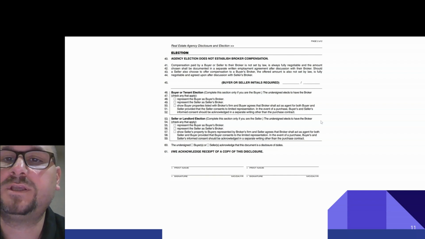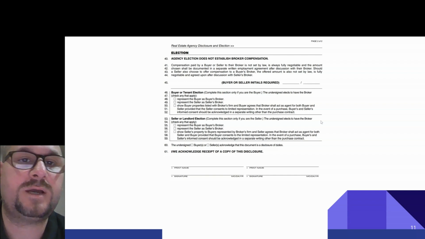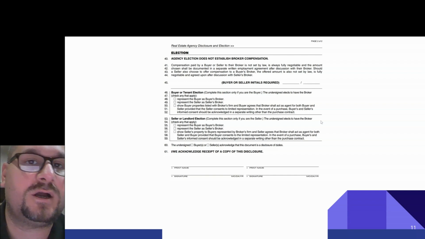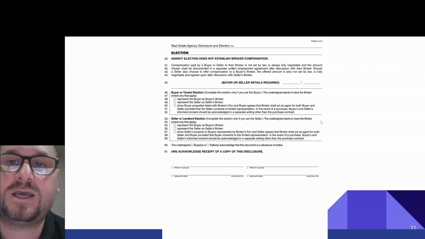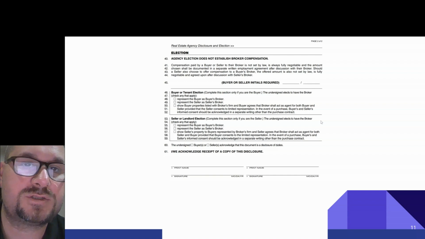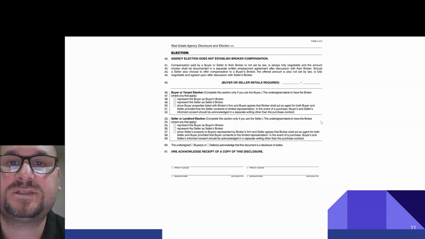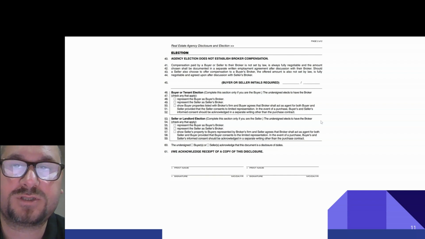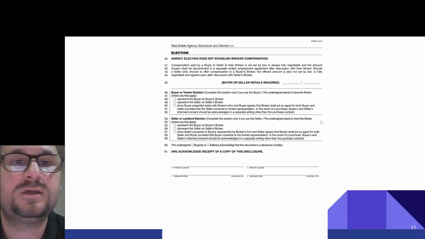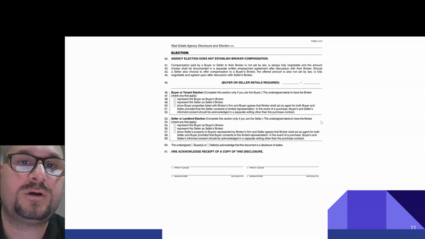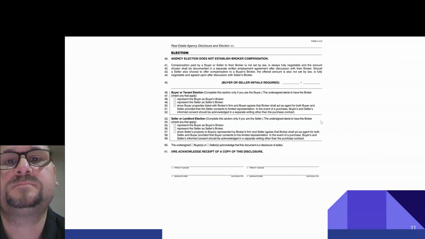It is always fully negotiable, and the amount chosen shall be documented in a separate written employment agreement after discussion with their broker. Should a seller also choose to offer compensation to a buyer's broker, the offered amount is also not set by law. It is fully negotiable and agreed upon after discussion with seller's broker.